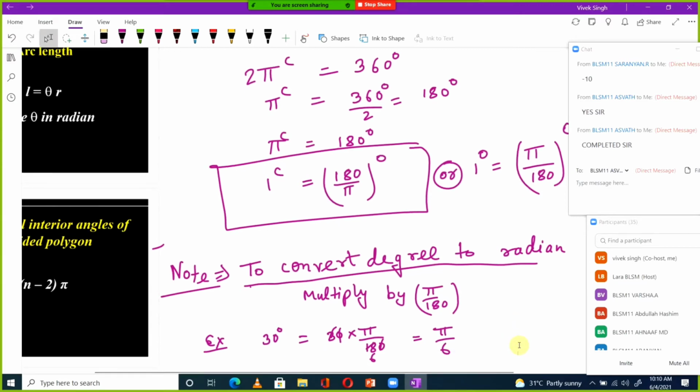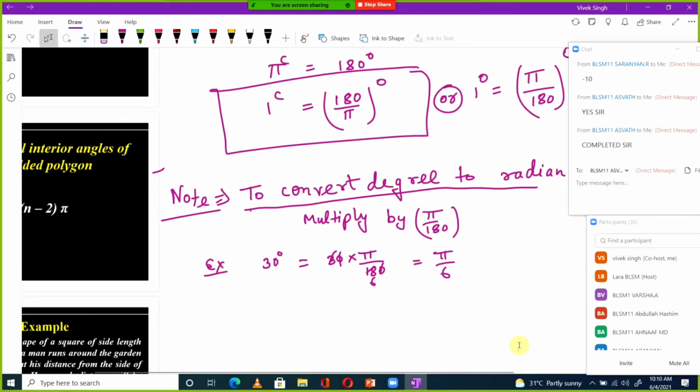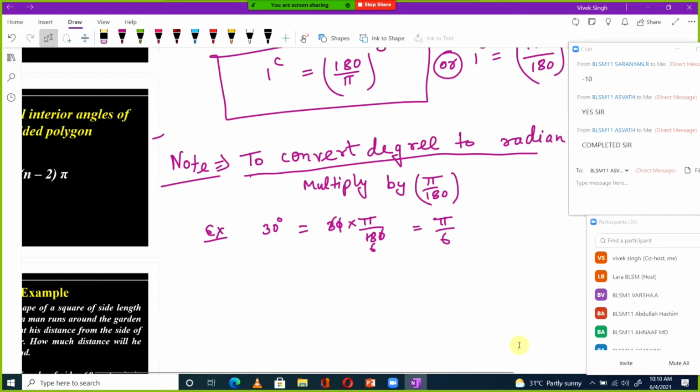Hereafter most of the time we will talk in radian only. So you have to remember how to convert degree to radian: you have to multiply by pi by 180. Similarly, if you want to convert 45 degree to radian, what do you have to do? 45 into pi by 180.